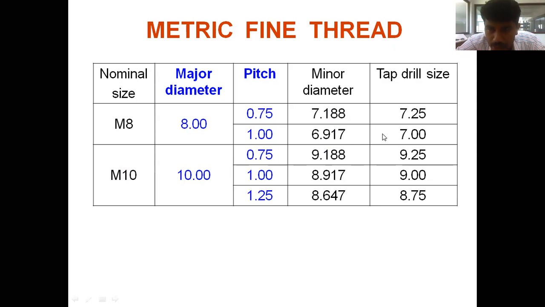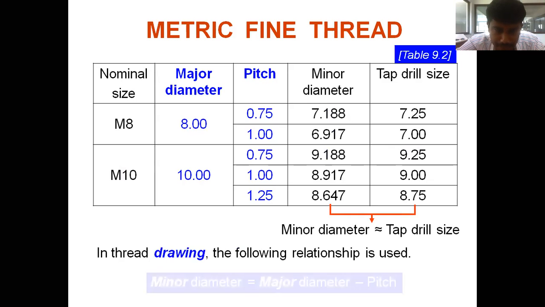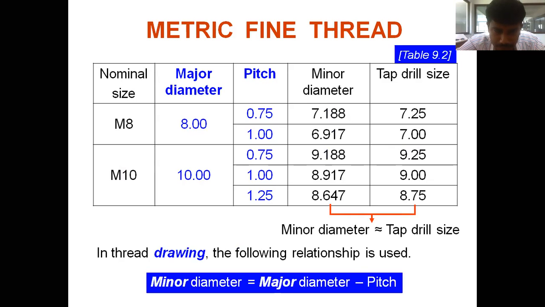Almost always we are going to use the tap drill size. The minor diameter is always the tap drill size. Same here, the minor diameter is equal to the major diameter minus pitch.